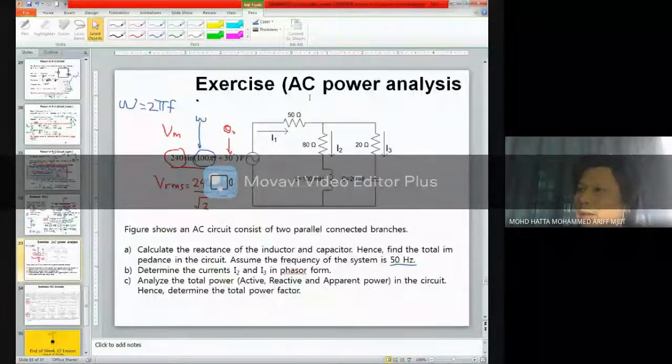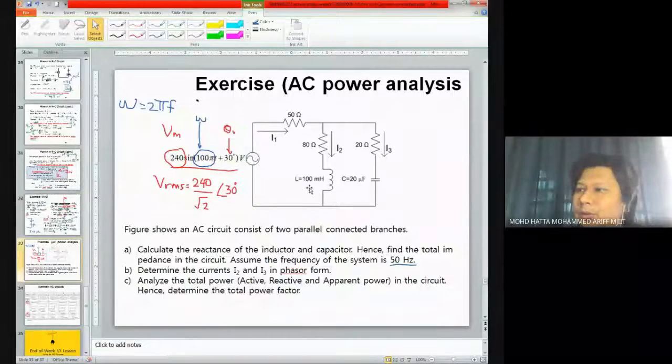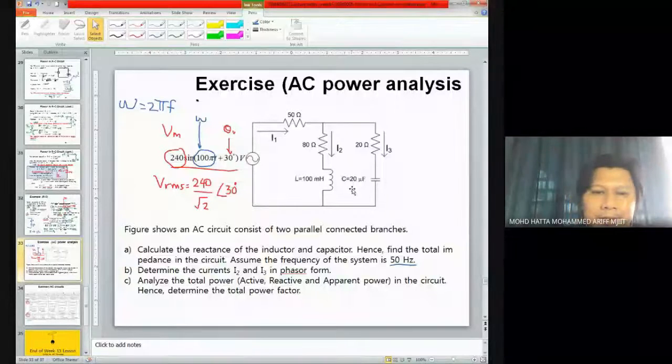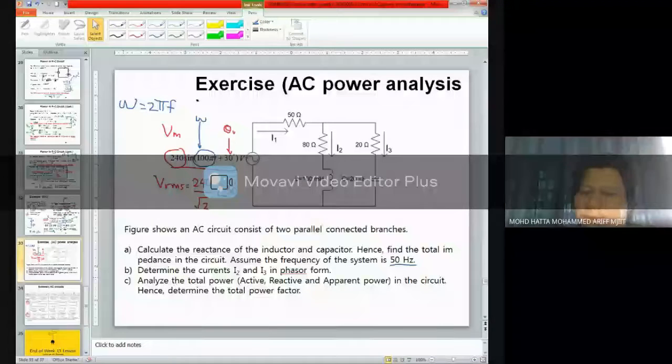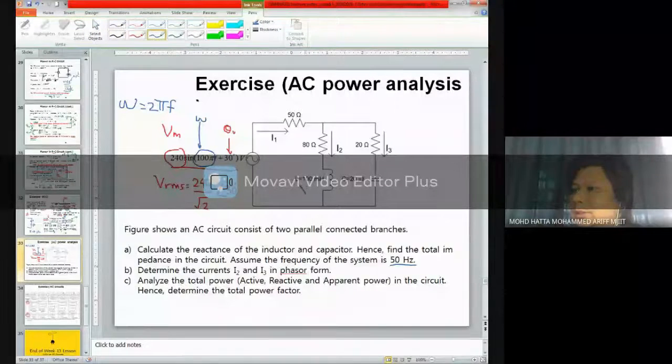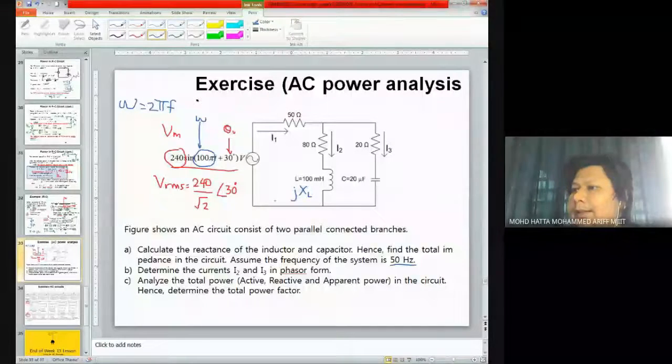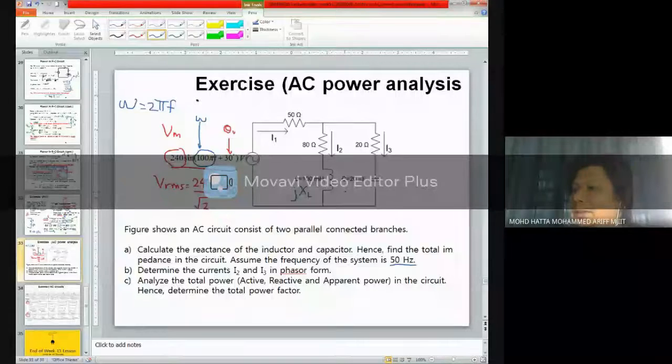And in your circuit, if you go through the connection, inductors and also capacitors are given in their original value. So what you need to do is convert these into their reactance values. For an inductor, you will get jXL, and for a capacitor, you will have negative jXC.